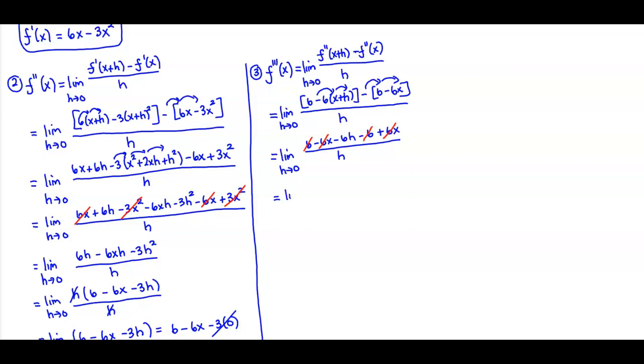So we get the limit as h approaches 0 of negative 6h divided by h, and therefore that h becomes 1. So the limit as h approaches 0 of negative 6 is going to equal negative 6. And therefore we would say that the third derivative is equal to negative 6.